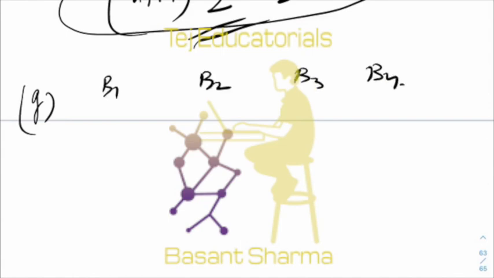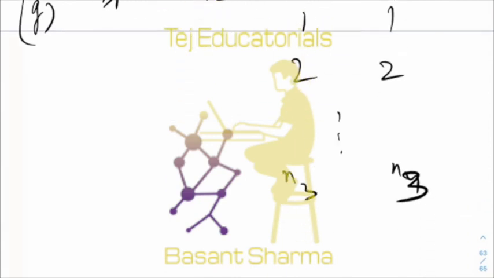Now from B1 and B2 we can select any number of objects, it doesn't matter. But in B3 and B4 at least one object should be selected and equal number should be selected. So we could have one object from B3, one object from B4, two objects from B3, two objects from B4, so on till n3 objects from B3 and n3 objects from B4, because n3 is less than n4, it is given.